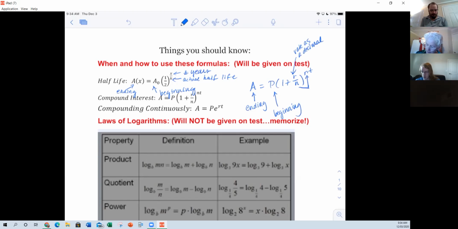The N in both places is the number of times compounded. And the T is the number of years. So generally speaking, if we say it's compounding daily, that would be 365 times a year. If it's compounded quarterly, that would be 4 times a year. What else did they do? Biannually would be twice a year.